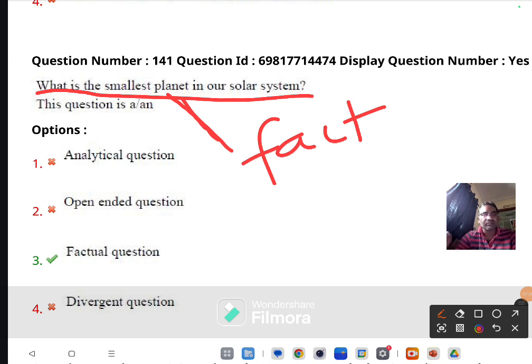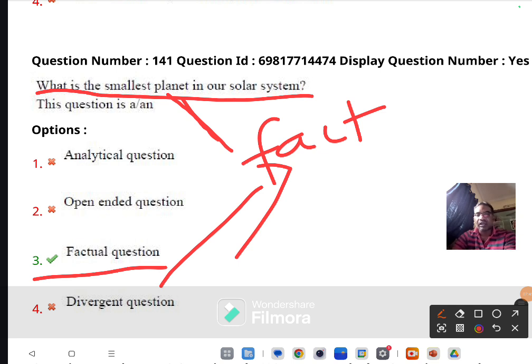It's not an analytical question, so the student doesn't need to analyze. This is not an open-ended question. An open-ended question will give you scope to write something on your own. And this is the factual question, because the student has to identify the fact and write it. It is not a divergent question.